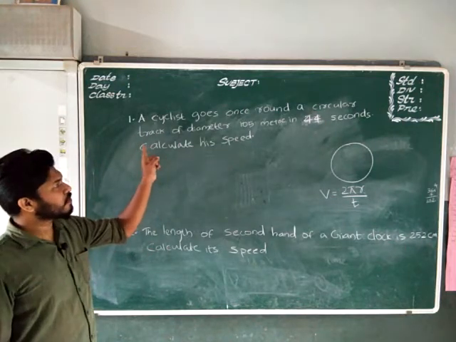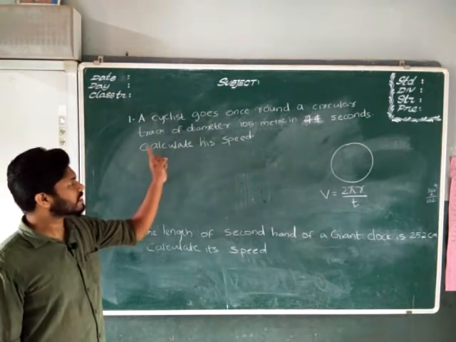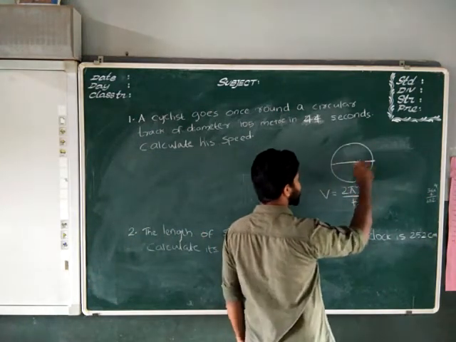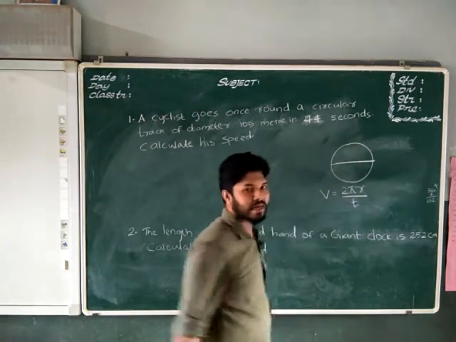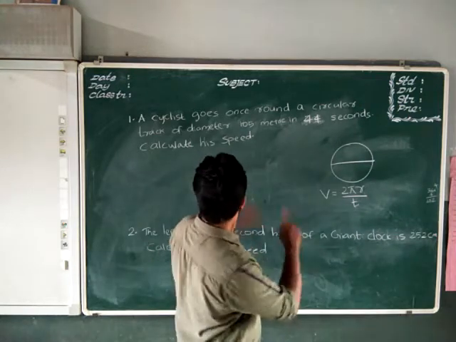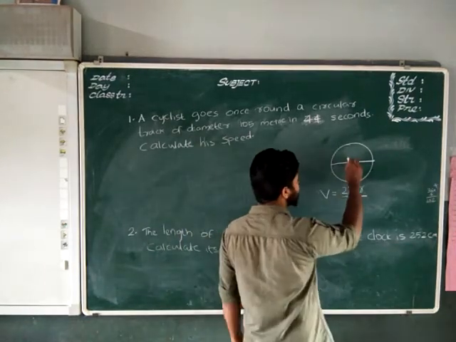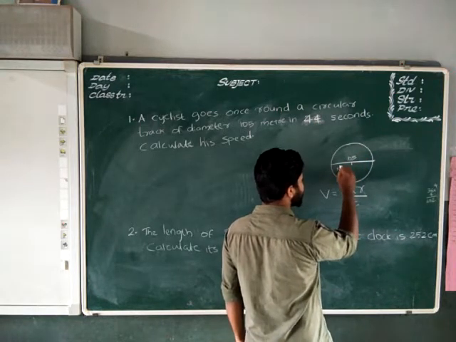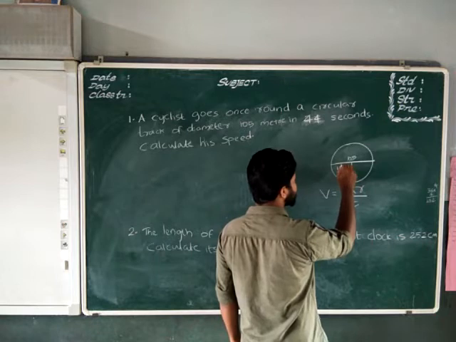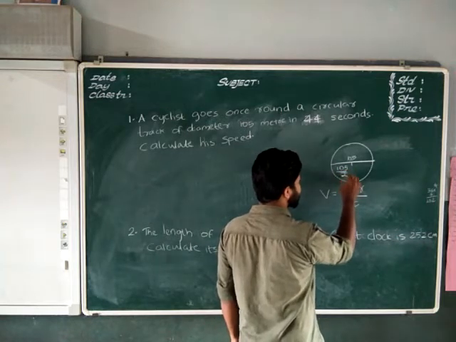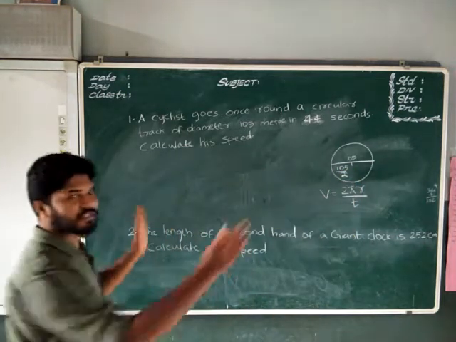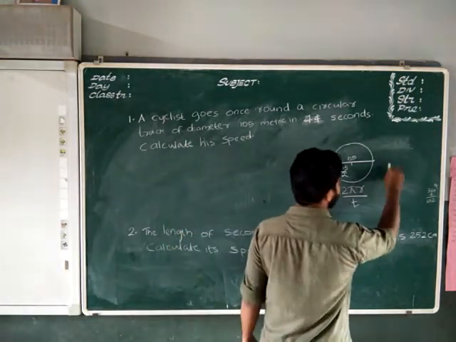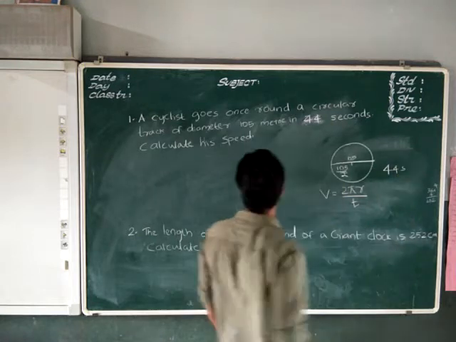A cyclist goes once round a circular track of diameter 105 meter. The diameter is 105, so the radius will be 105 divided by 2. In 44 seconds, so he takes 44 seconds for completing this.